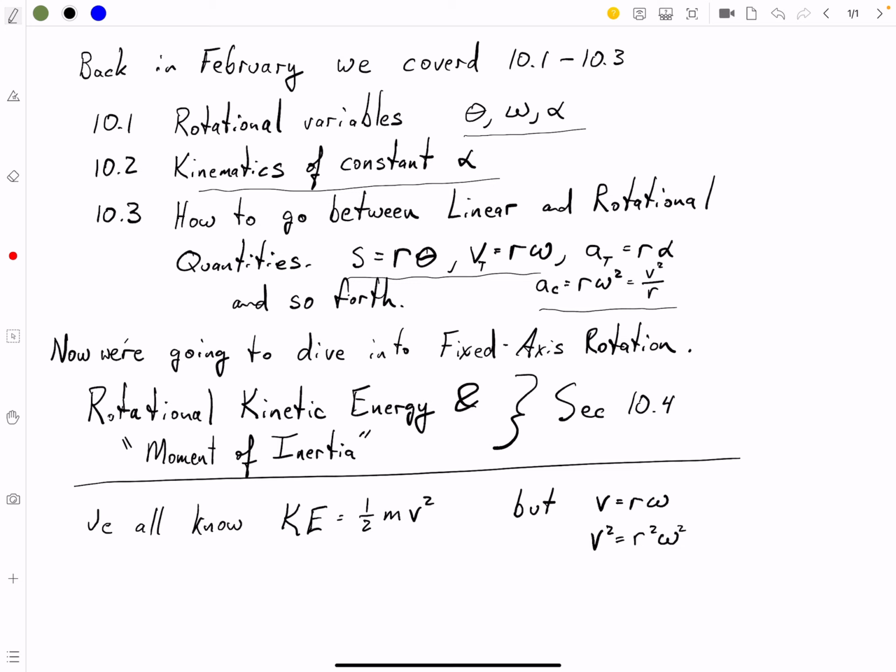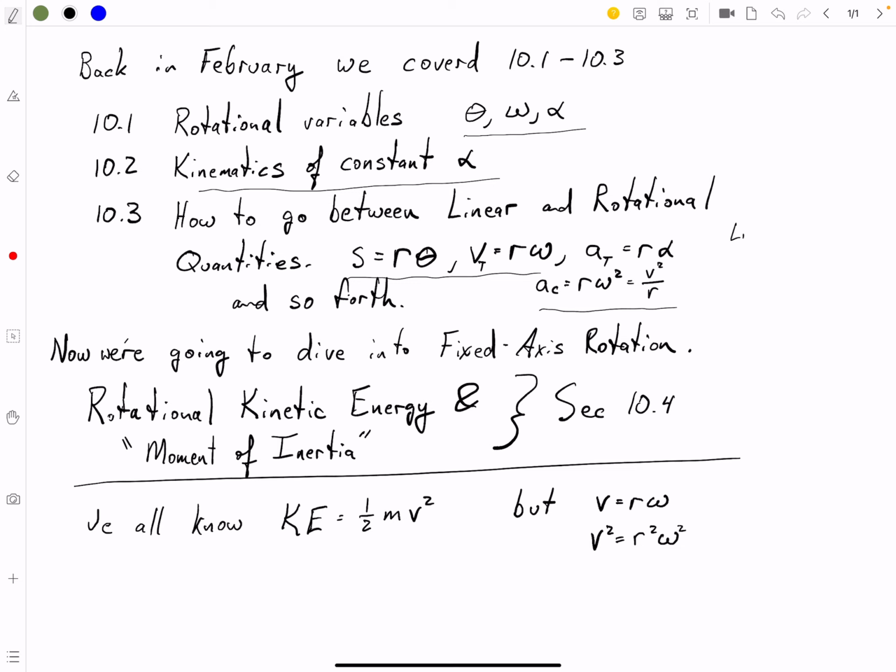But we didn't take it any further. We just did kinematics. Okay, we didn't look at energy or any of the other things that have rotational, linear and rotational correspondence.